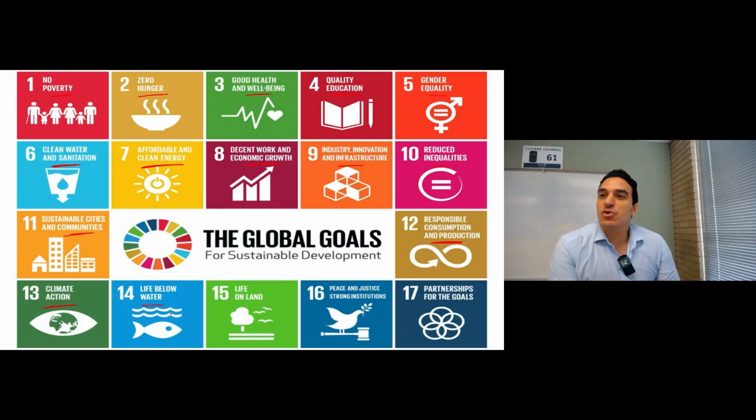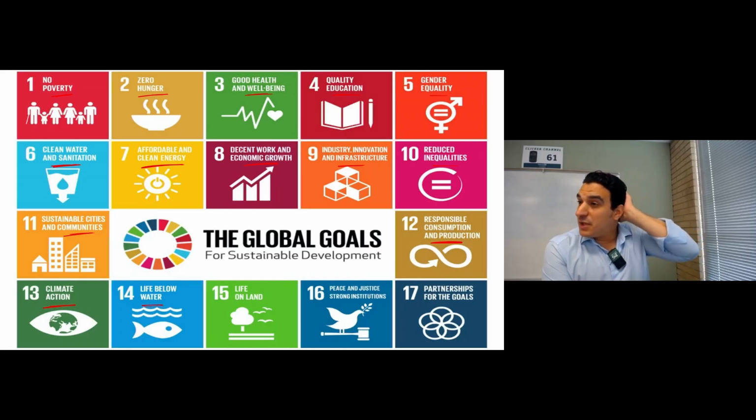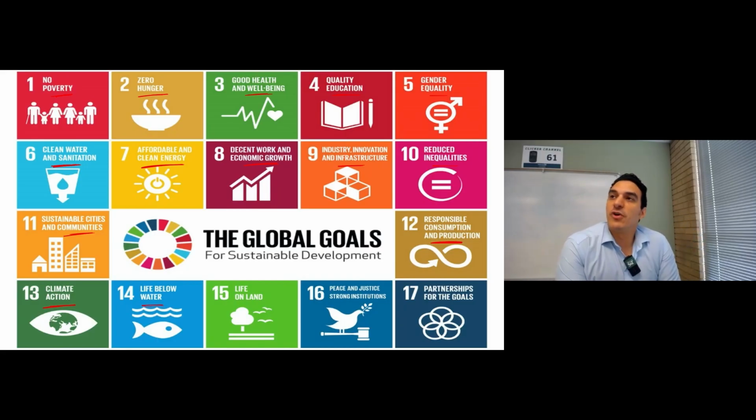Okay. Life below water. A lot of pollution is caused in the oceans. This is also a statistic for 2023: like 80% of the liquid waste streams released from industry are released to the oceans without treatment. And this is a huge number, 80%.